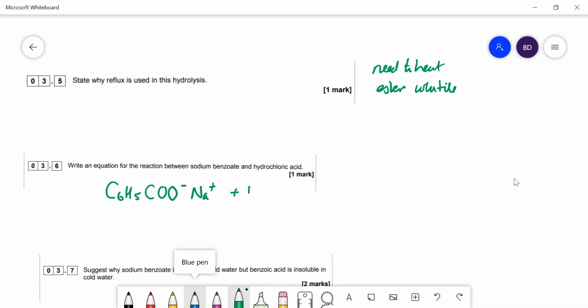You're going to react that with HCl, and you will protonate the benzoate ion to form benzoic acid, and you will get sodium chloride also. There's the equation there. You can draw, if you want, I think they allow you to draw benzene, you know, if you wanted to draw that instead of writing that, that would be absolutely fine.